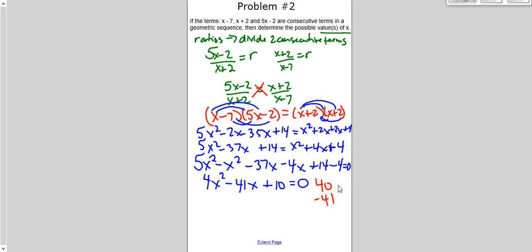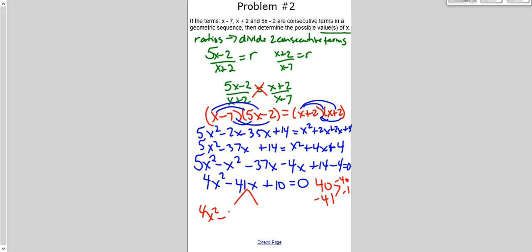Then I know if I multiply by a negative 40 and a negative 1 that I will end up with positive 40 if I multiply them together and negative 41 if I add them together. So I'm going to replace my middle term. Oops, sorry, it should be minus 40x.